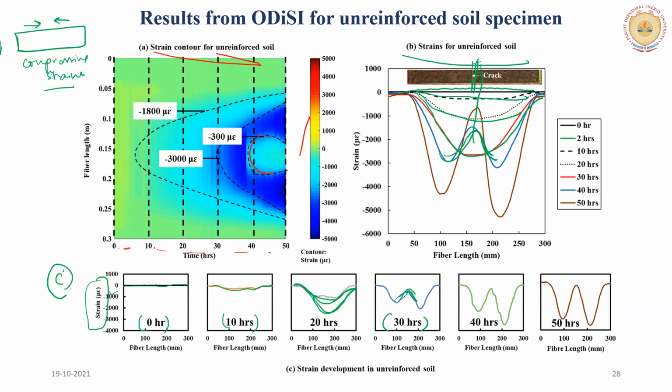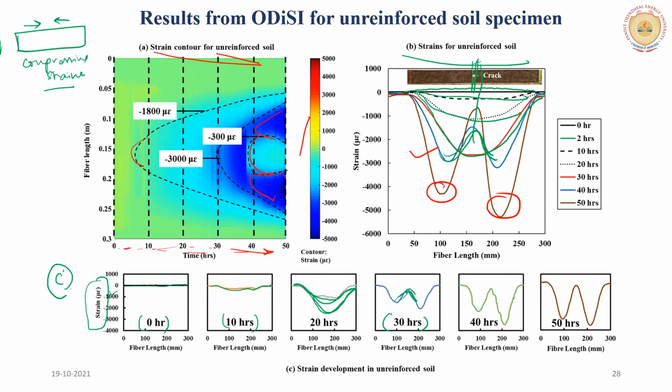So this is 0, 10, 20; time is increasing in this direction. You can see that as time increases, at the center, there is an increase in the strain value, right? The maximum values can be seen at these points.